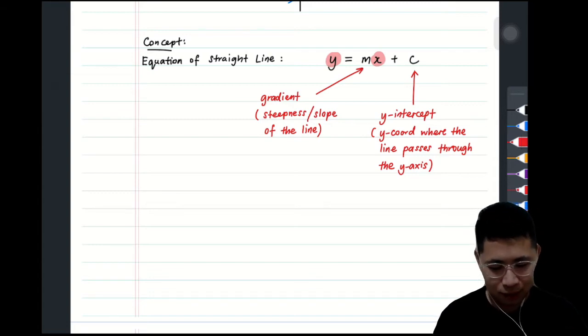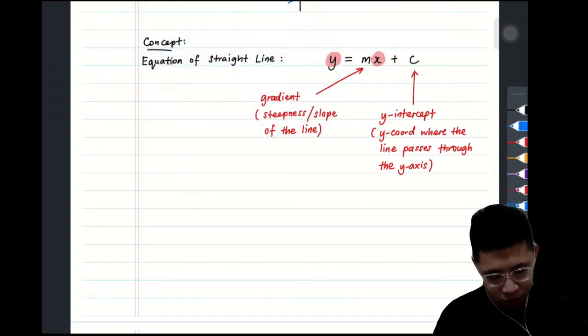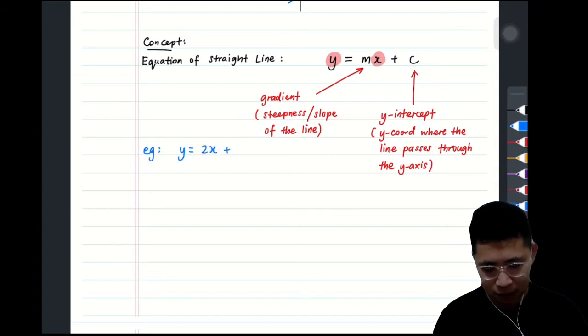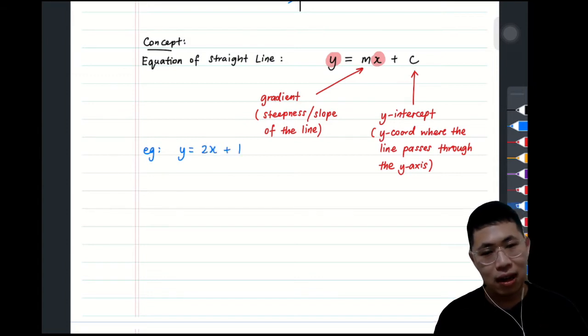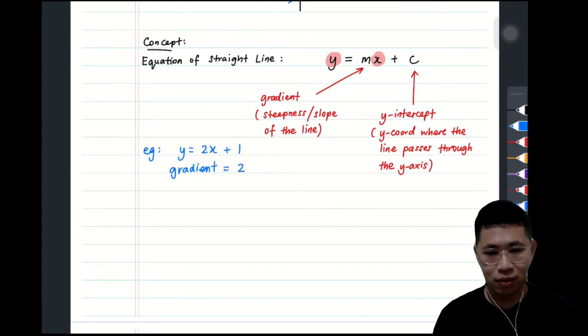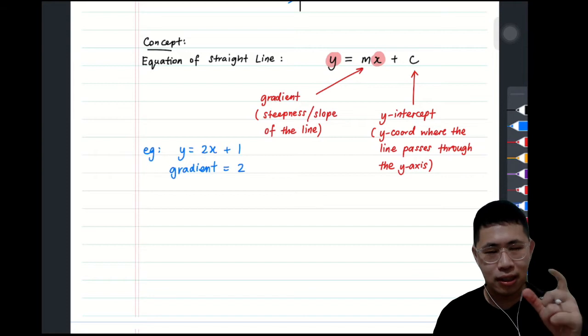So for example, let me write down two examples over here. Let's say I have y equals 2x plus 1. Our variables are x and y. The gradient, or the m, is equal to 2, so the slope or the steepness of the line is 2.